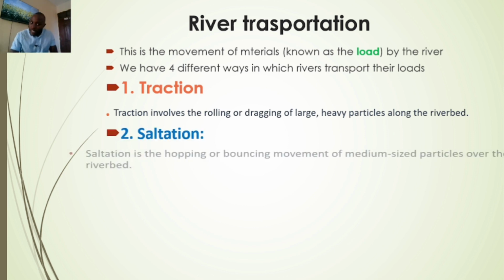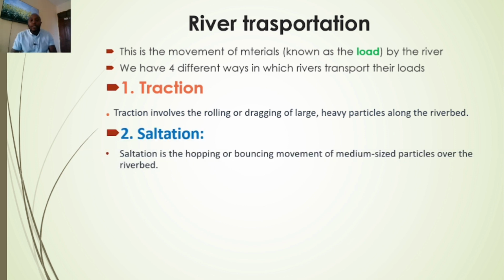The second one, saltation. Saltation is the hopping or bouncing movement of medium-sized particles over the riverbed. So that means they are not that heavy. The heavy ones are dragged and rolled along the riverbed, but these are bouncing and hopping, meaning they are medium sized.